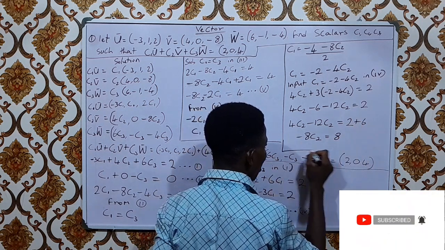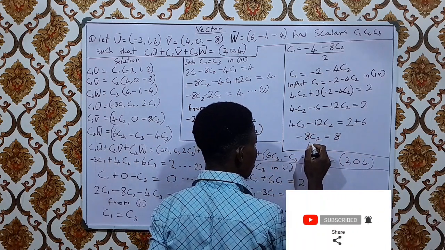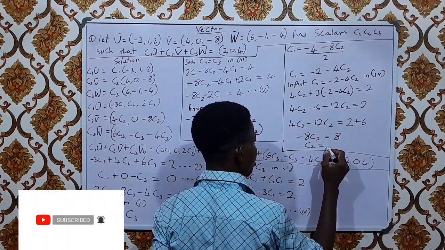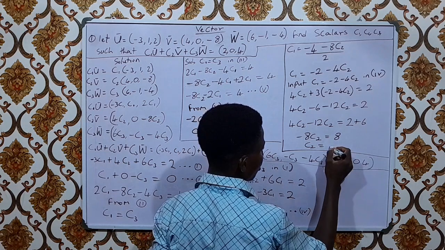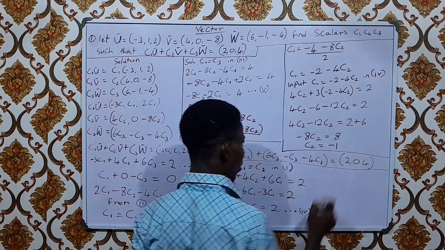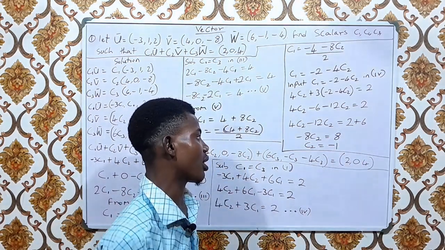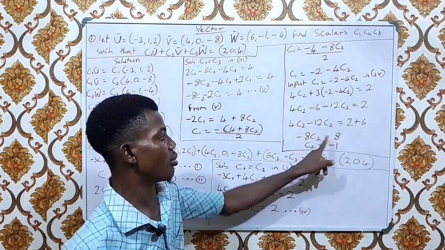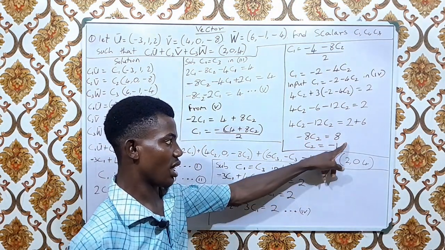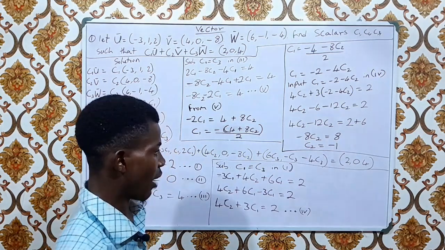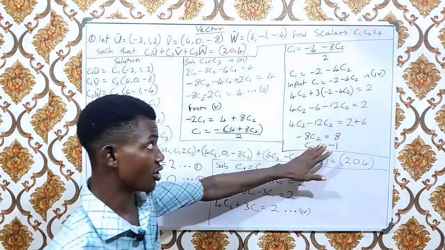So from here, we can see that C2 is equals to -1. How do we get -1? Divide both sides by -8. We have -1 for C2.